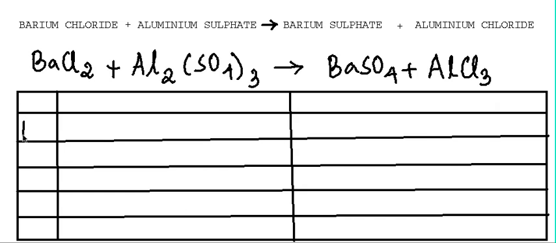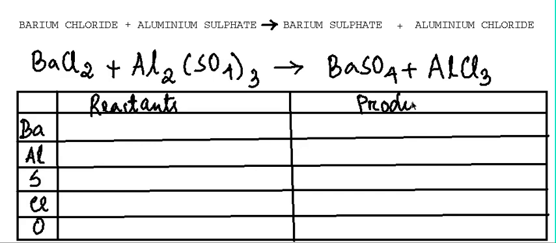So let's write Ba, Al, S, Cl, O. So these are the elements present. So we'll write for reactants and products. Now let's write one by one.